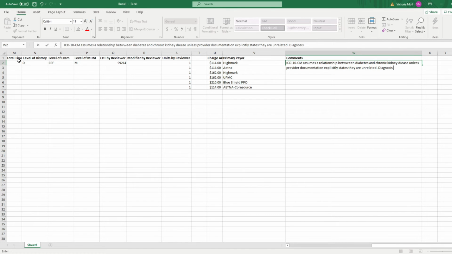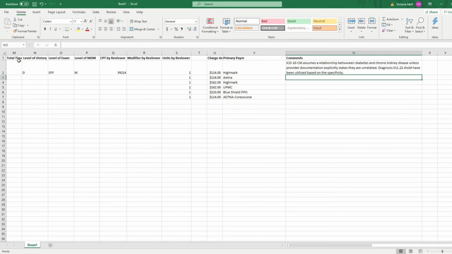Diagnosis, what did I have here? E11.22 should have been utilized based on the specificity. And that's just kind of it.